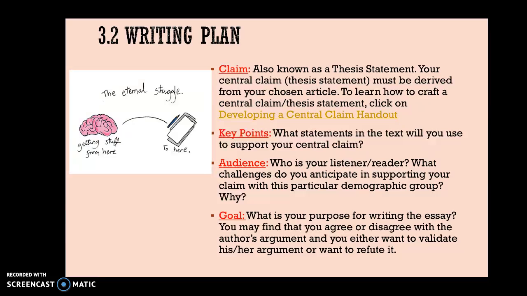Okay? Key points. What statements in your text will you use to support your central claim? Who is your audience? Who is your listener, your reader? What challenges do you anticipate in supporting your claim with this particular demographic group, and why?